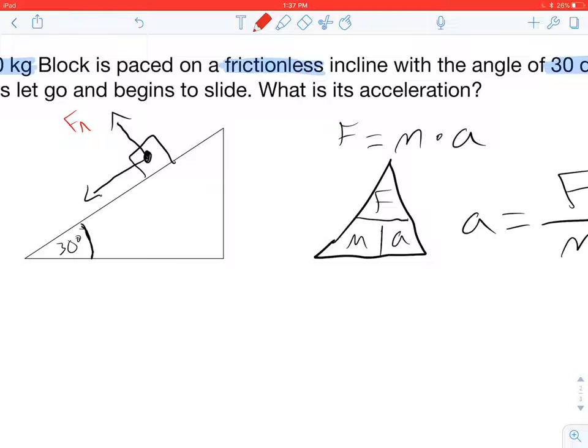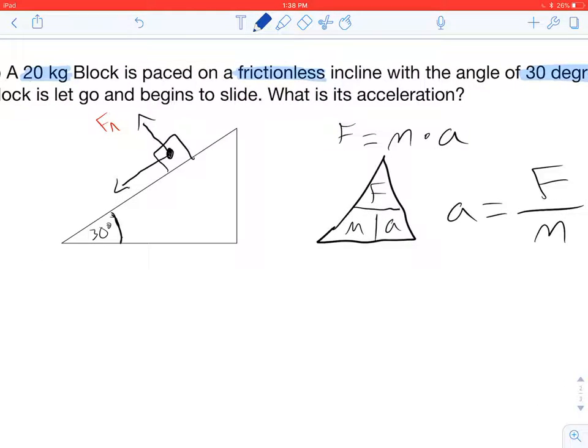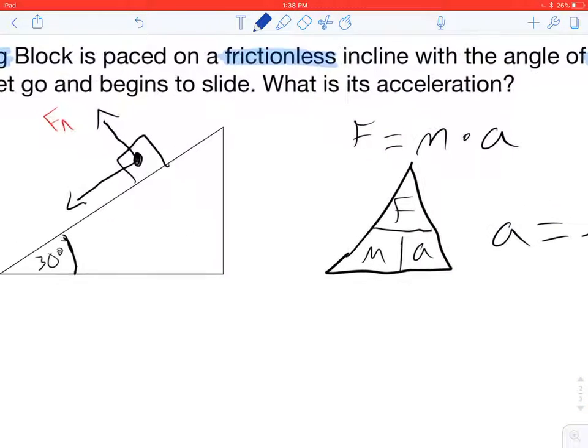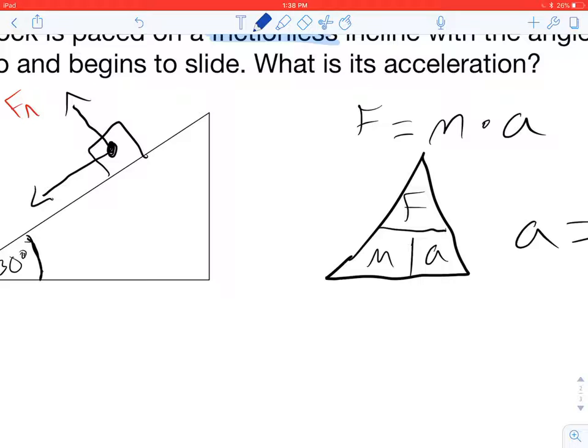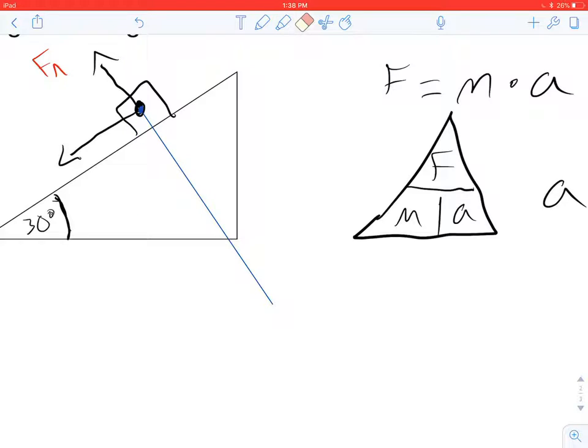All right, we would use that if we're looking for the resistance if there was friction, but in this case we're just going to draw a quick triangle, and that's straight down. My handwriting's pretty bad. To see what forces are acting on this object.